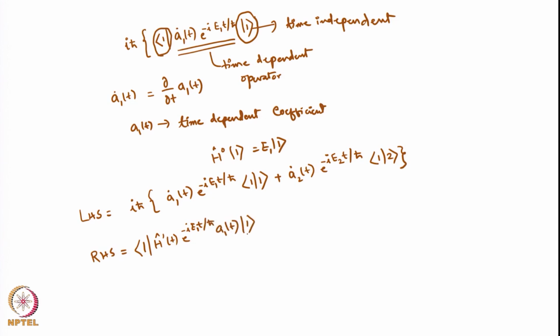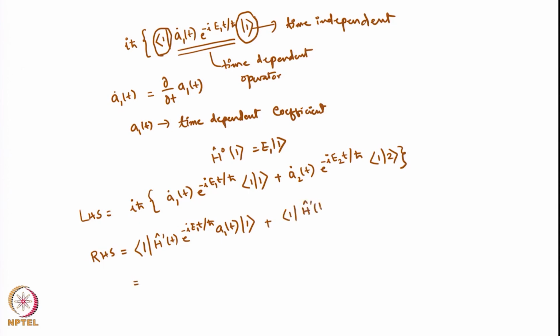Now you can see that e to the power of minus iE1t by ħ and A1 of t are just a time dependent phase factor and a coefficient which you can bring out. But I cannot bring out H prime of t because it is a time dependent perturbation. A perturbation always moves the states, so it will affect your wave functions. A perturbation really affects a wave function, and if you have time dependent perturbation, its effect will be different at different times.